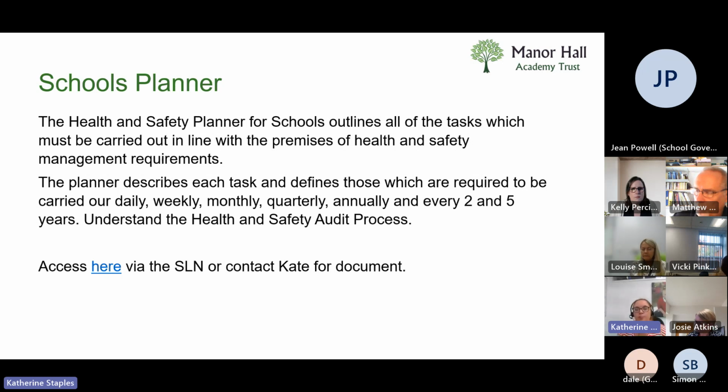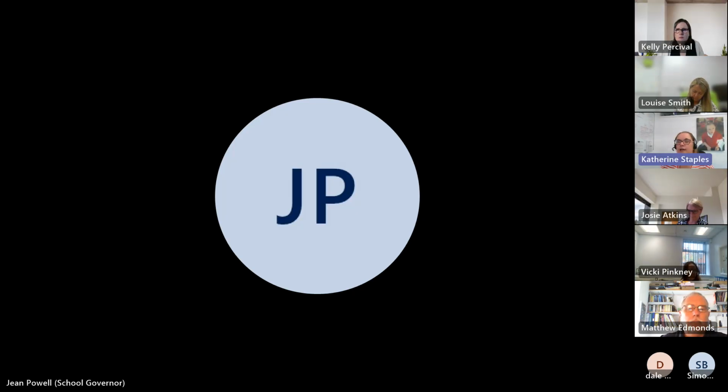The schools do pay for the actual works to be carried out, but the actual booking in of them and the SLAs for them are provided from the trust. And we are looking to shift that through to a central function as well in the next 12 months. So that is the end of the PowerPoint presentation. I'm going to just stop sharing that.